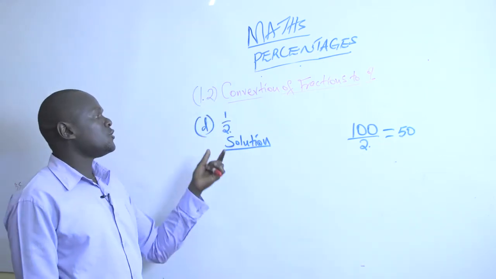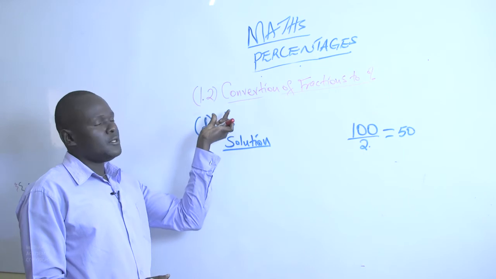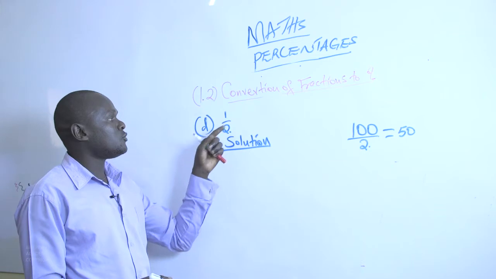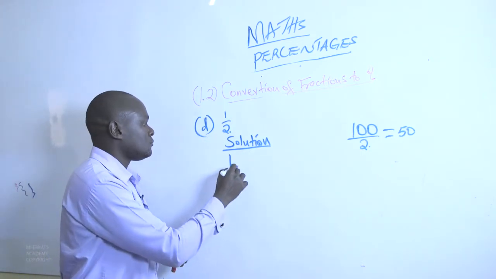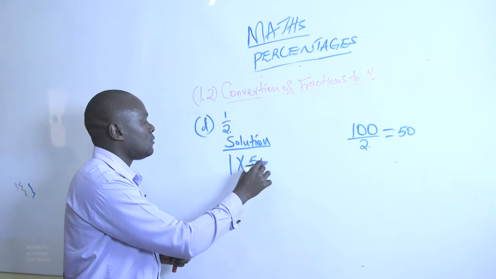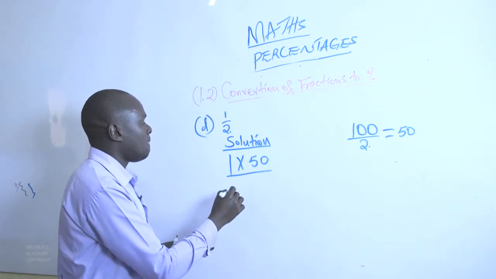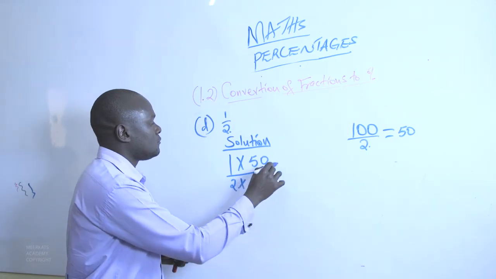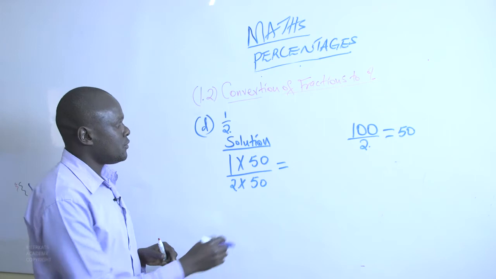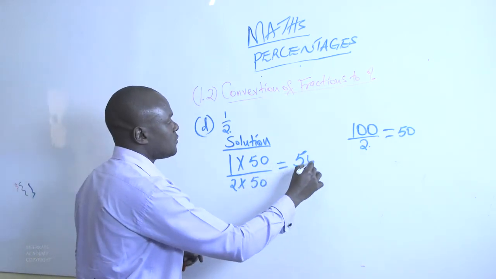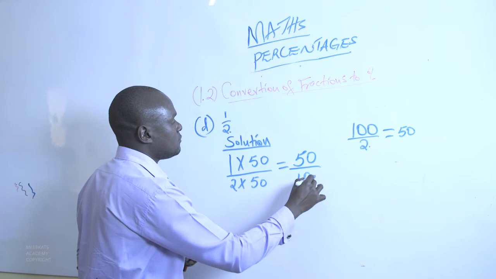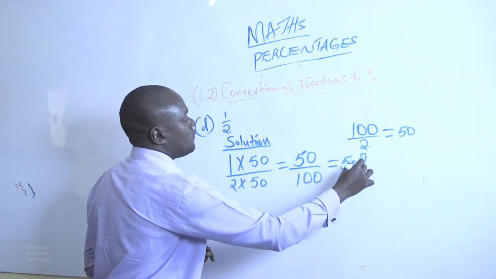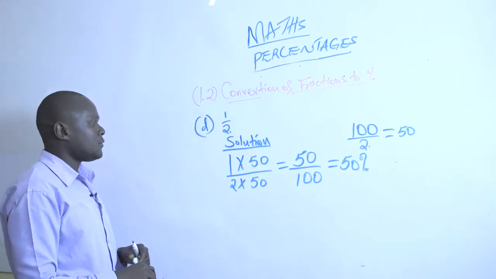So this 50 is going to be multiplied by both the numerator and the denominator, so that we get an equivalent fraction. This will give us 50 out of 100, which is actually 50% if we use the first method.